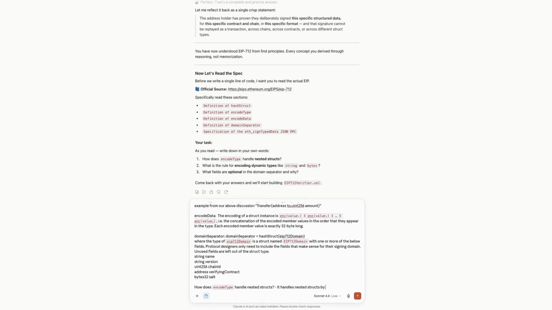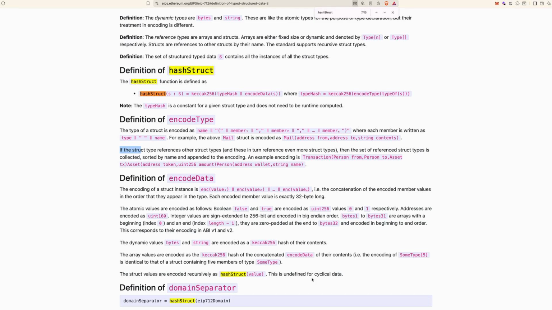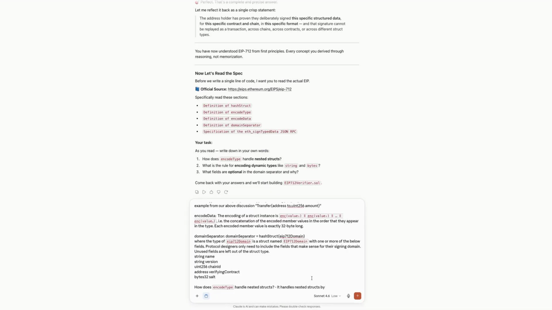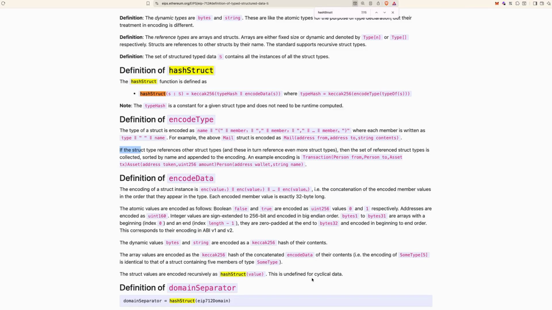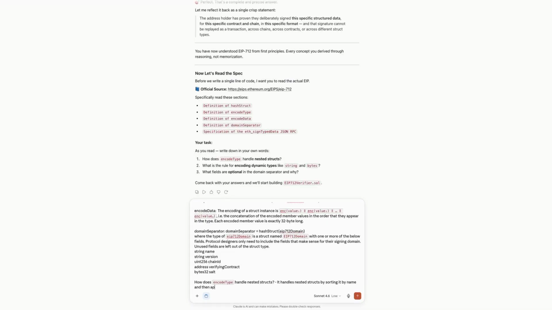It handles nested structs by sorting them by name and then appending them to the encoding.